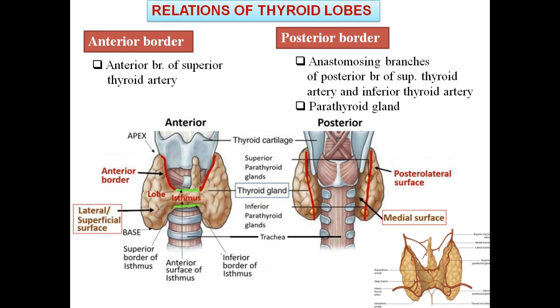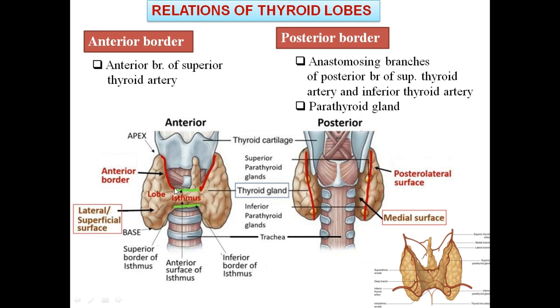Relations of the thyroid lobes regarding the anterior border and posterior border. You can see in these two images the anterior view of the thyroid gland. The red line indicates the anterior border. It separates the medial surface and the superficial surface.